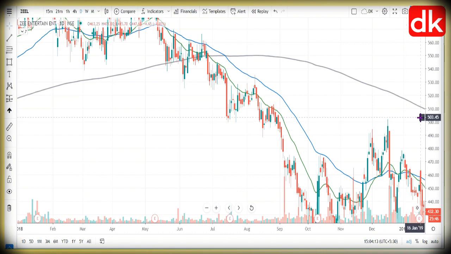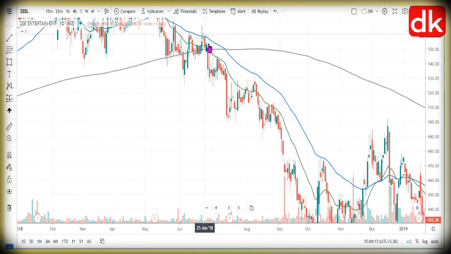Several impulsive wave formations are there: retracement, pullback, retracement, pullback. So friends, let us select this as an impulsive wave, which starts from this point and has ended at this point.